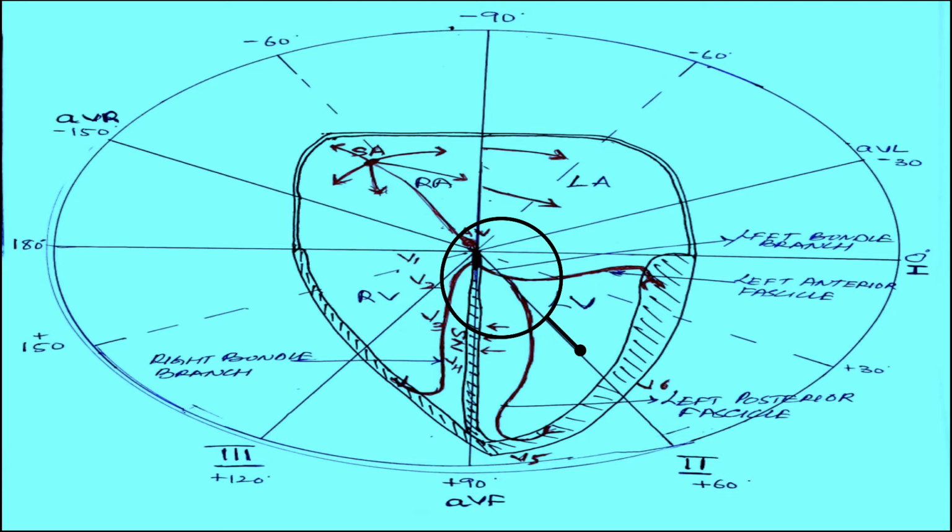We'll discuss LAFB and LPFB later. Now for left bundle branch block and right bundle branch block, the impulse is spreading from one chamber to the other. Let us say for left bundle branch block, we block the left bundle branch out here, and now the left ventricle still has to be stimulated because life has to be sustained.